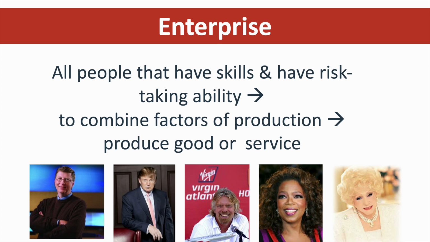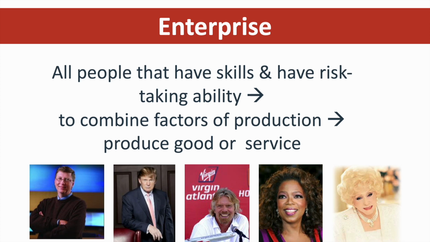Enterprise. Now, at the bottom, you can see all these different famous entrepreneurs: Bill Gates, Donald Trump, Sir Richard Branson, Oprah, and Mary Kay Ash. These are all examples of very successful entrepreneurs who have created businesses that satisfy the needs and wants of a large number of people.